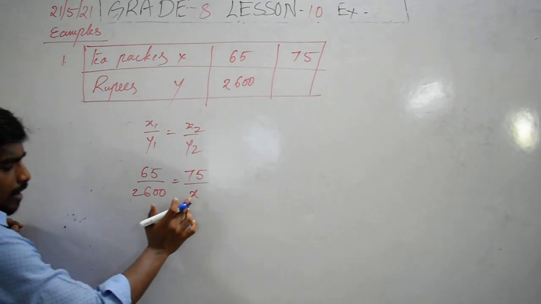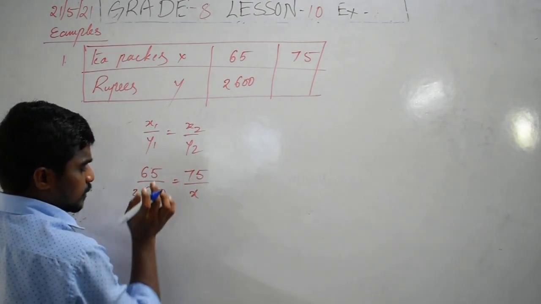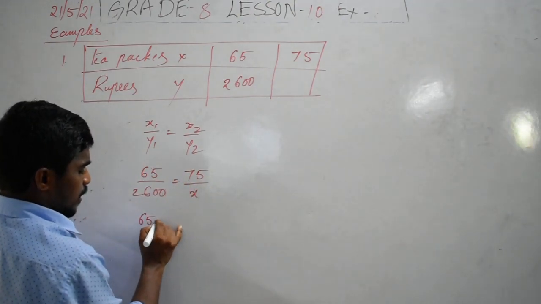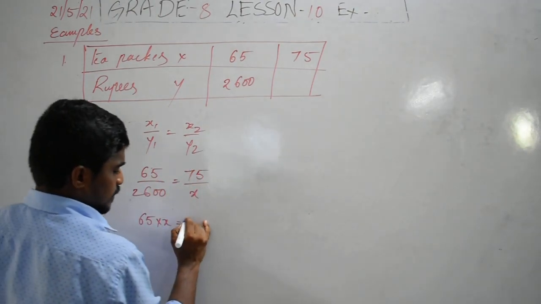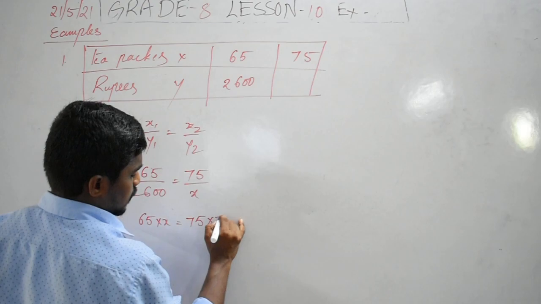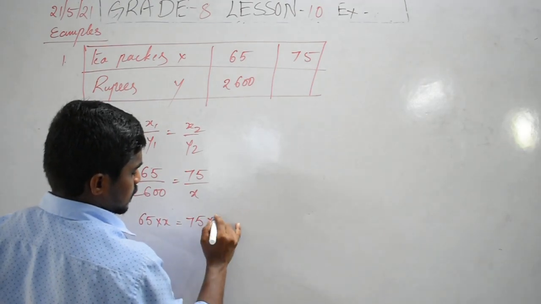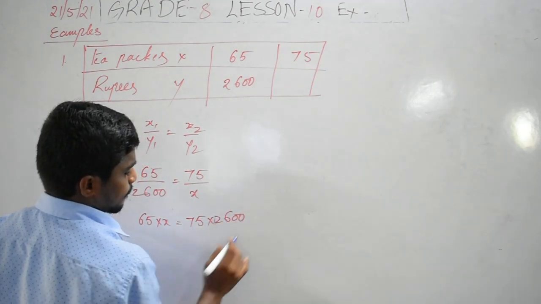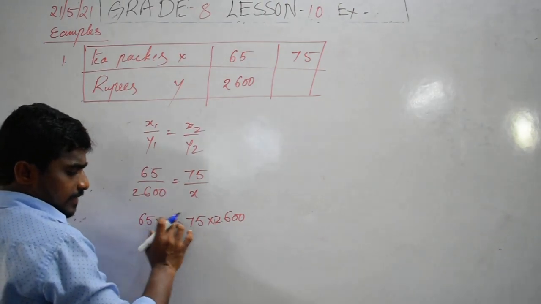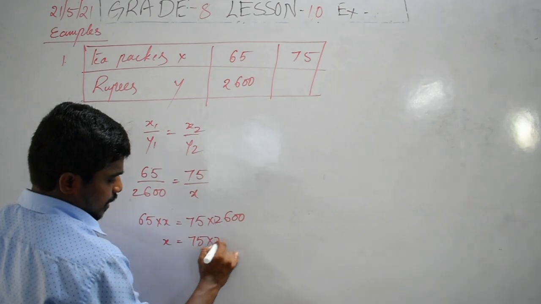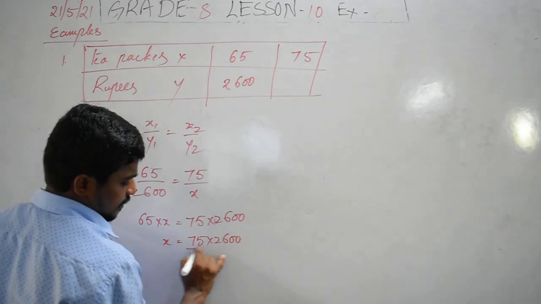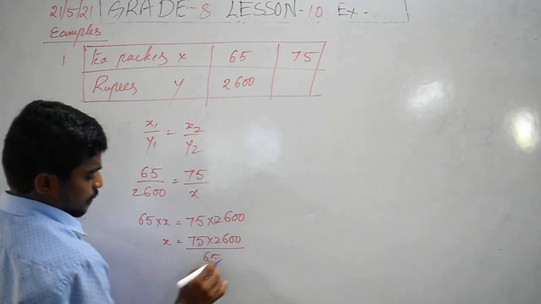Here see, now this X moves to this side, 65 cross X. This one moves to this side, 75 cross 2600. These 65 move to this side, 75 cross 2600 by 65.